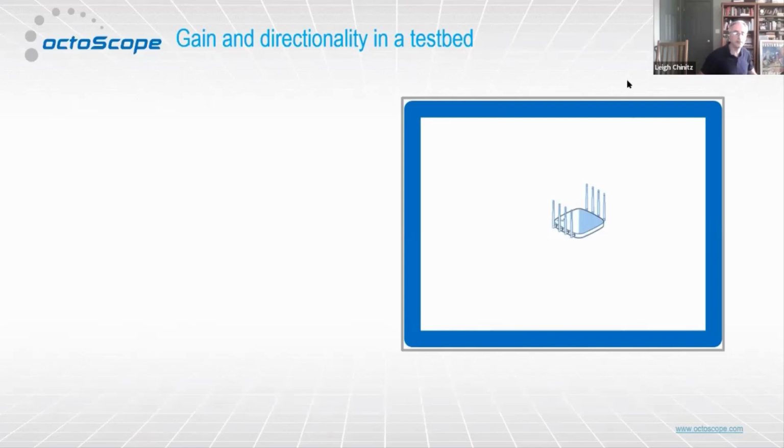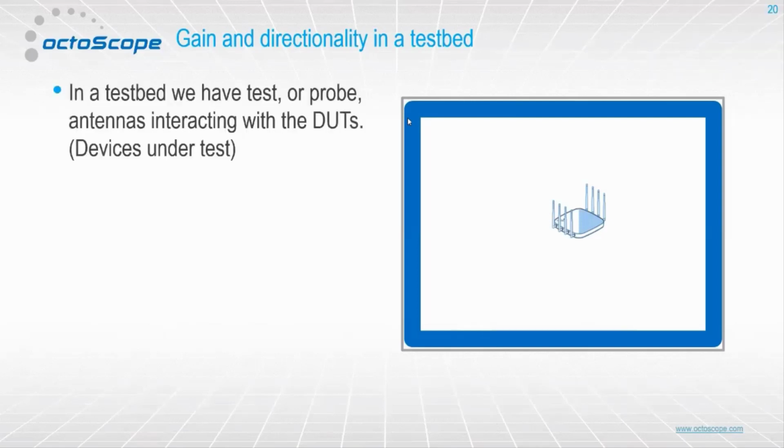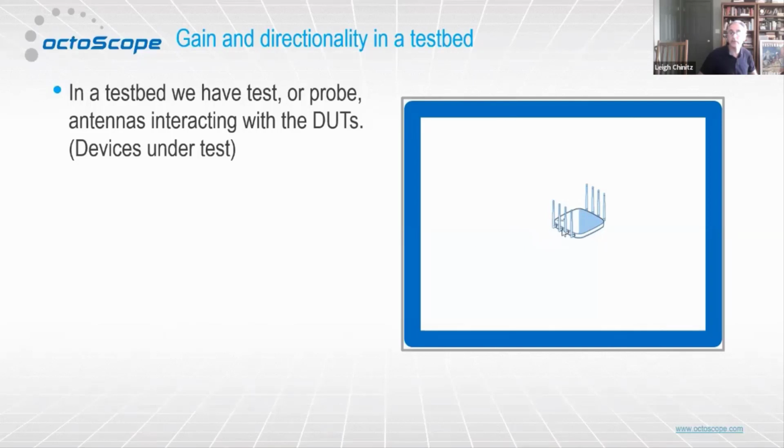So how does that relate to test beds then? In a test bed, we will have a device under test, like the one shown here. I know it's just an image, but it's representative, and you see this quite a bit. You'll have, for example, an access point or small base station, something like that, and they will have dipole-like antennas with dipole characteristics.